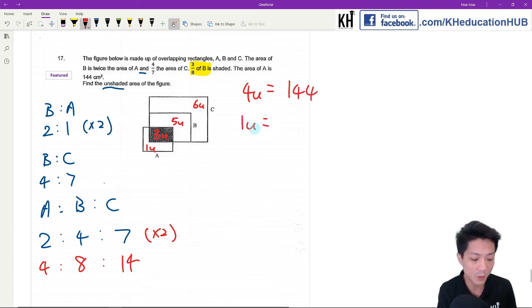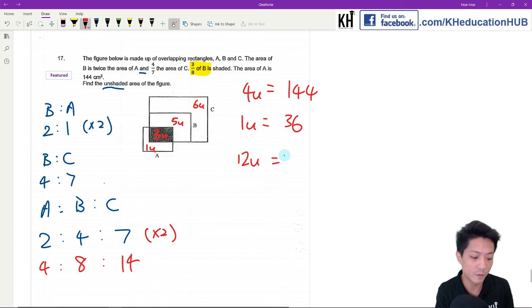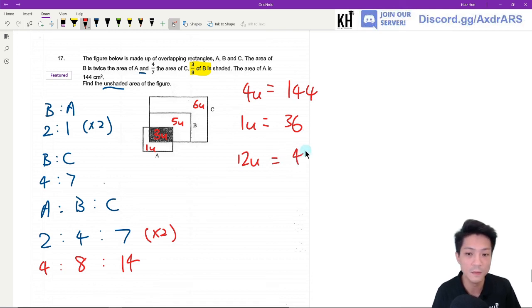I can find 1 unit, which is 36. If I want to find the unshaded area of the figure, it will be 5 plus 6 plus 1 units, which is 12 units. 36 times 12 will give me 432 square cm. This is the answer for this question.